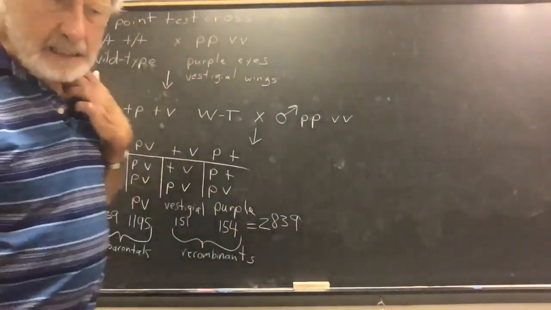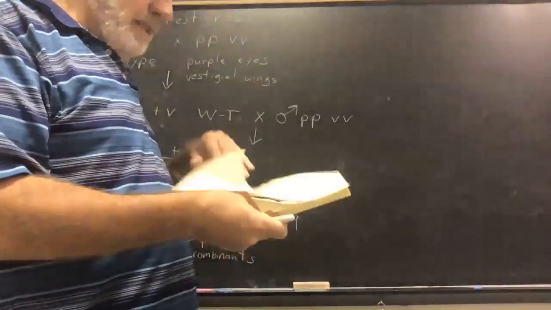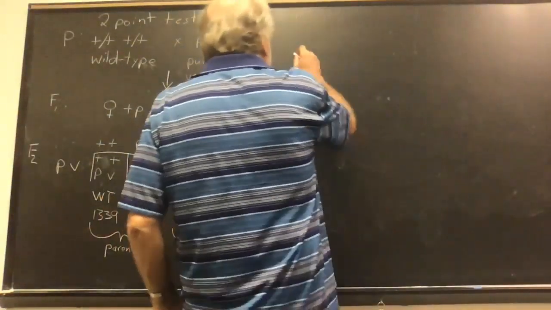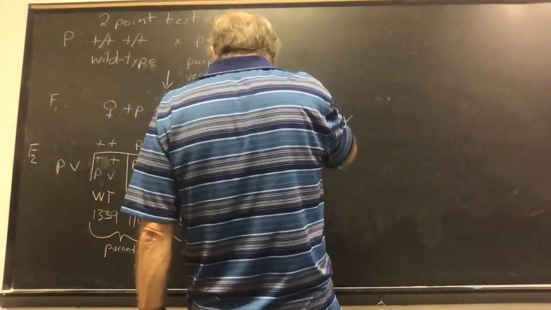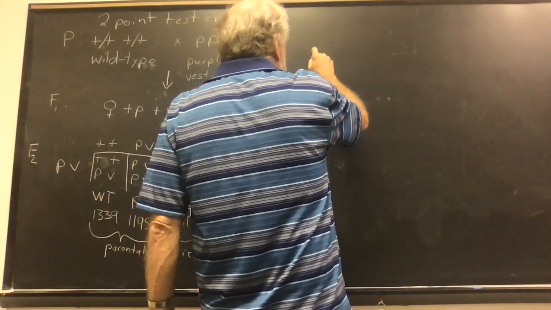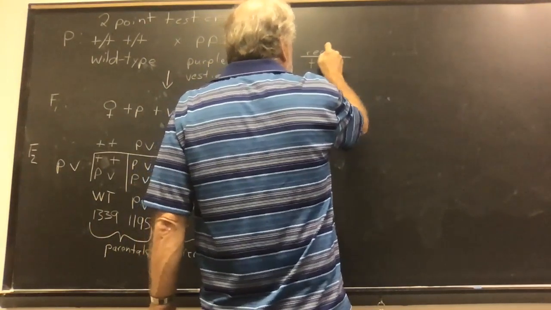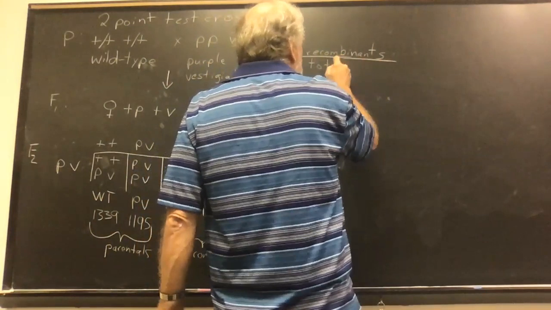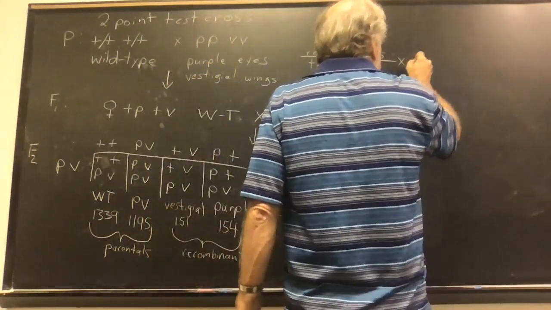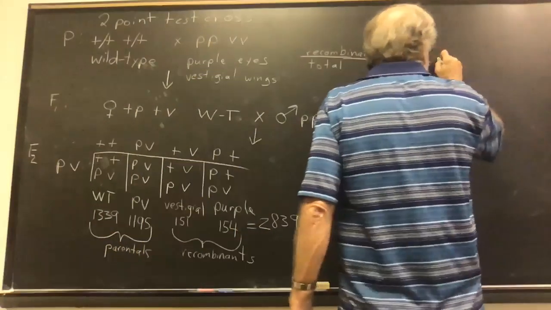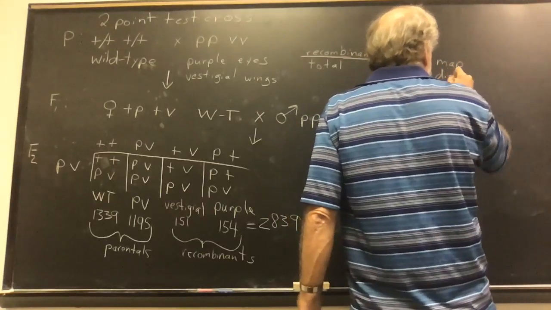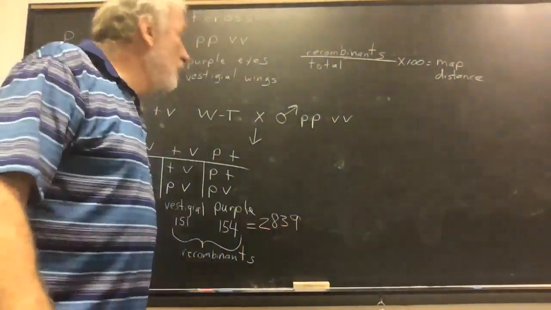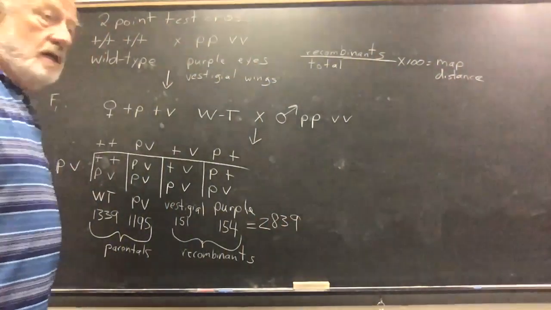Our map distance is merely our number of recombinants divided by the total number in the data set, multiplied by 100 to make it a percentage.